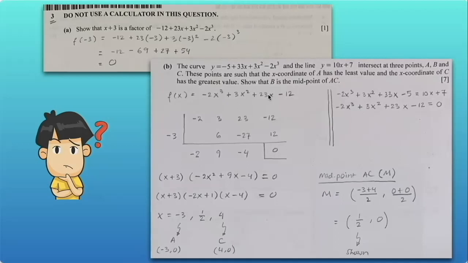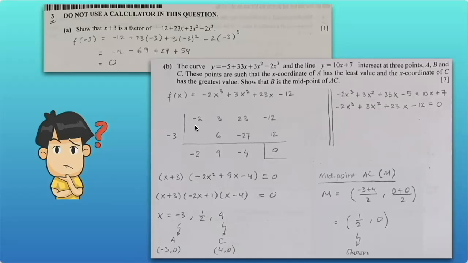The question says the curve and the line intersect at 3 points A, B, and C. These points are such that the x-coordinate of A has the least value and the x-coordinate of C has the greatest value. Show that B is the midpoint of AC. So this means we need to solve for x.